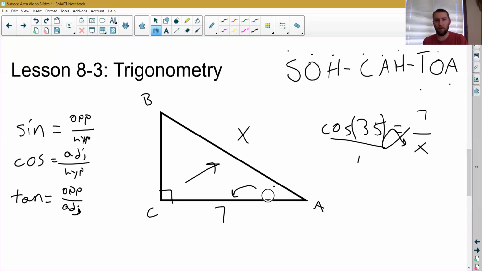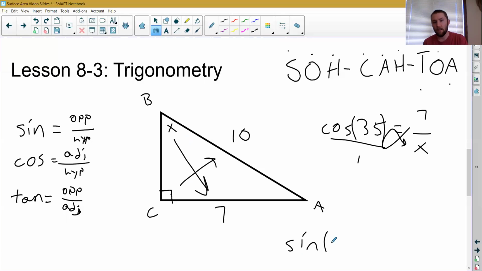It also allowed us to find missing angles, but remember, for that we had to use an inverse. So for example, if angle B up here was what I wanted to find, I'll call that x. And if I knew the hypotenuse length was 10, the 7 is now the opposite side, the 10 is the hypotenuse, and so I would set up the sine of x is equal to 7 over 10.